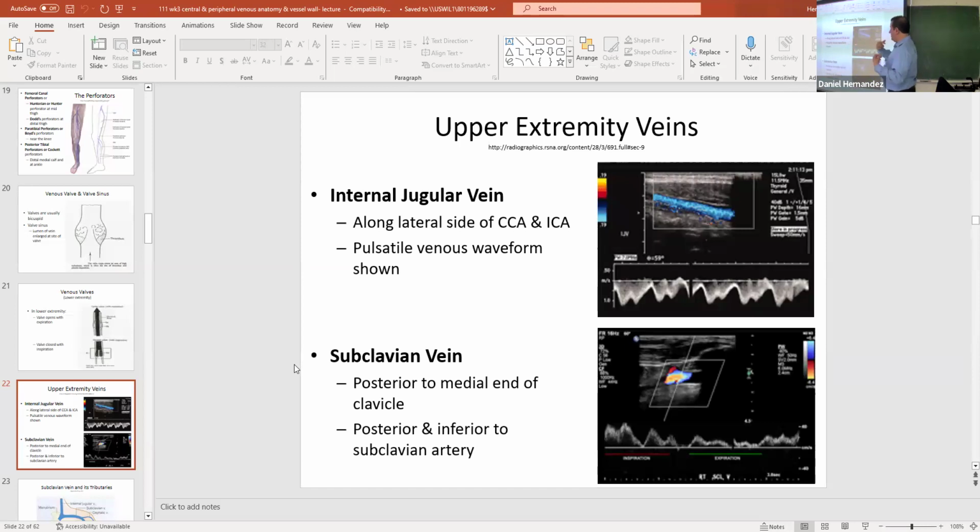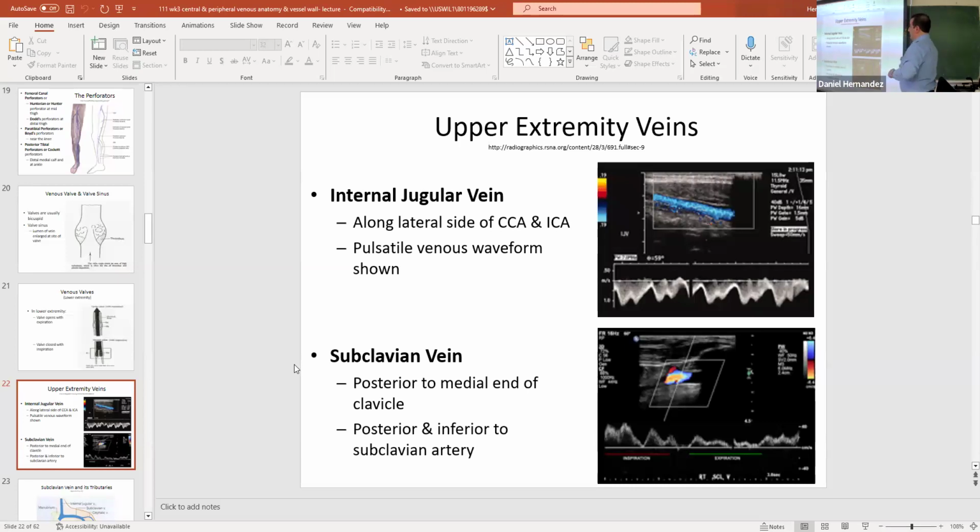Even though these two don't have the same name, the internal jugular vein is a deep vein because it does have a corresponding artery, in this case the carotid artery. In terms of its waveform, it's fairly pulsatile, so it looks similar to our hepatic Doppler waveform because it's in very close proximity to your heart.